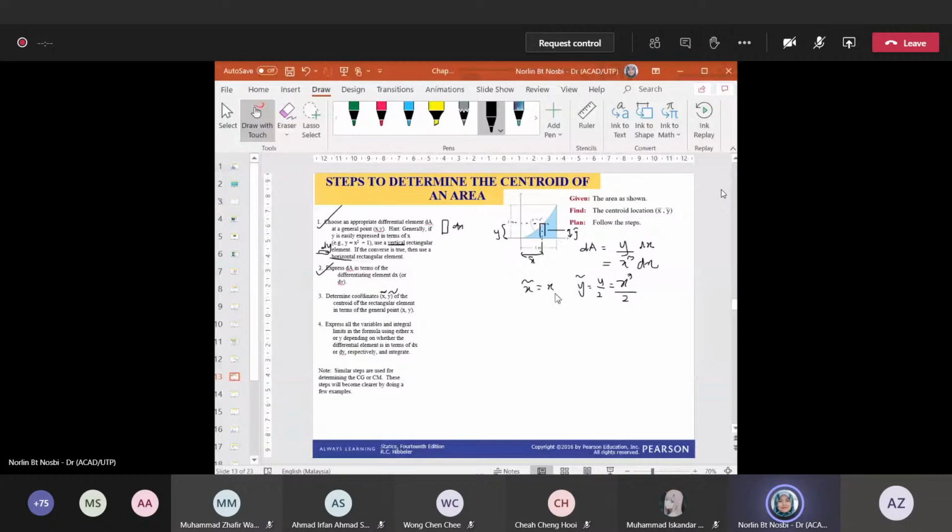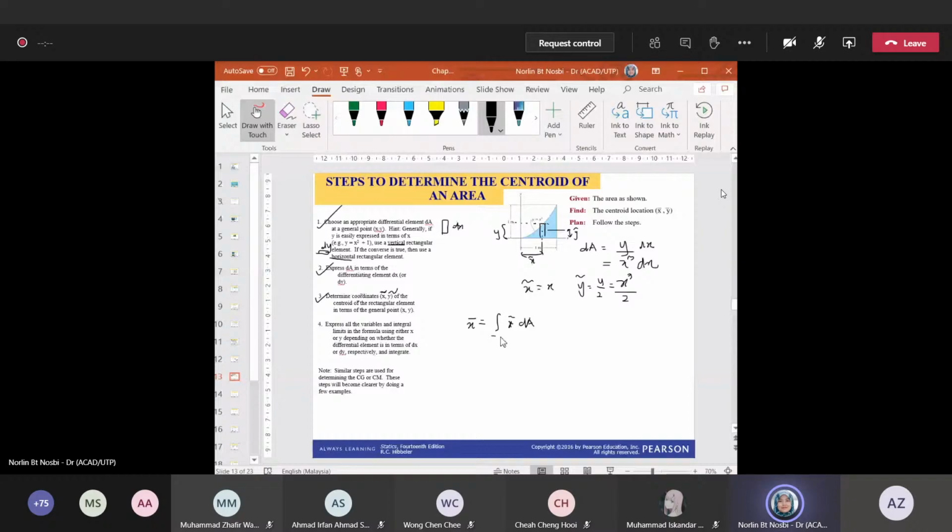Okay, now you have the x tilde and y tilde based on x. This dA is also based on x. Okay, you have done step 3. So now you need to use all these variables in the integral formula, because you want to find the x bar, right? X bar equals the integration of x tilde dA over the integration of dA, right?